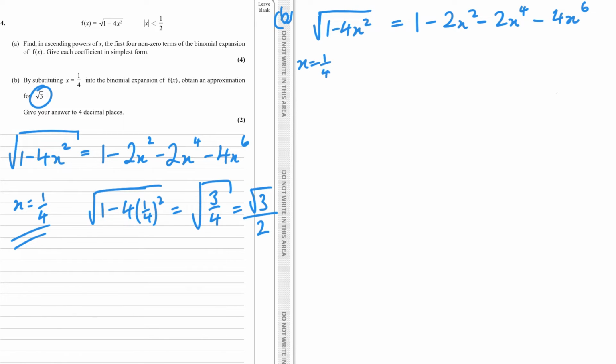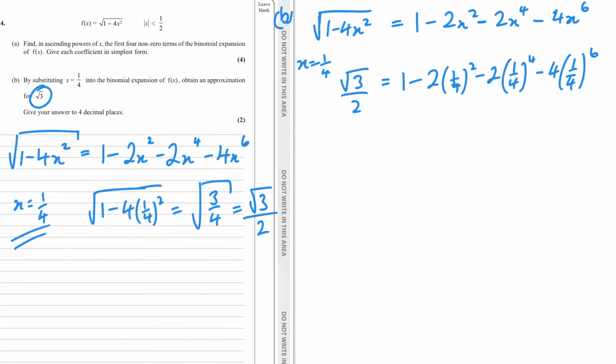Substituting x equals a quarter in, we know that this left hand side is root 3 over 2, and then on my right hand side I'd have 1 minus 2 lots of a quarter squared minus 2 lots of a quarter to the power 4 minus 4 lots of a quarter to the power 6.